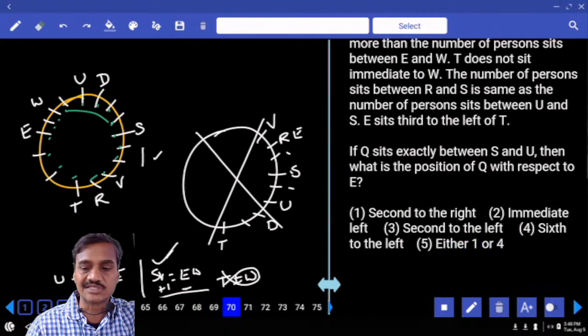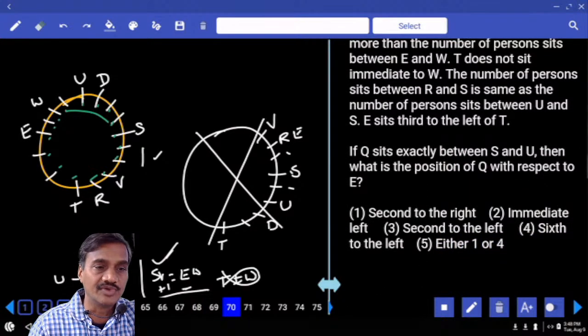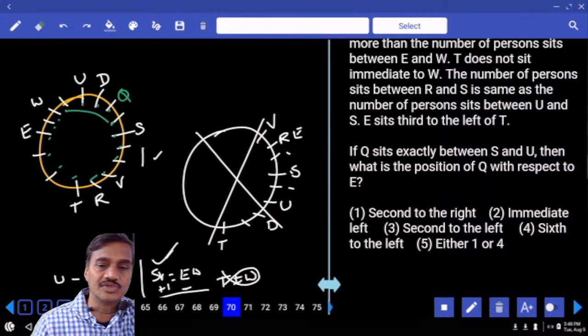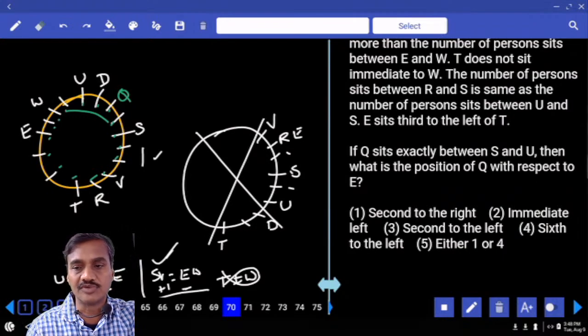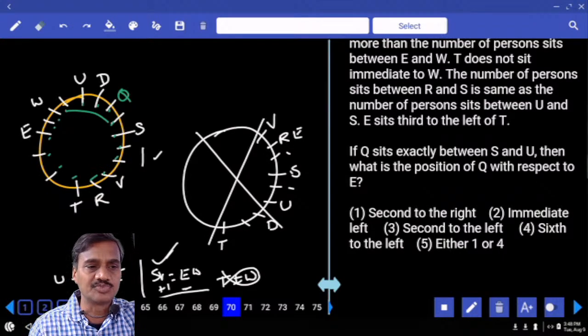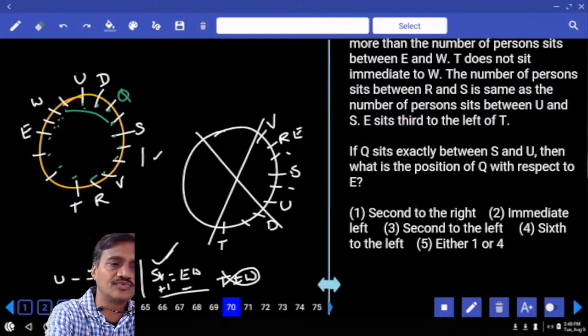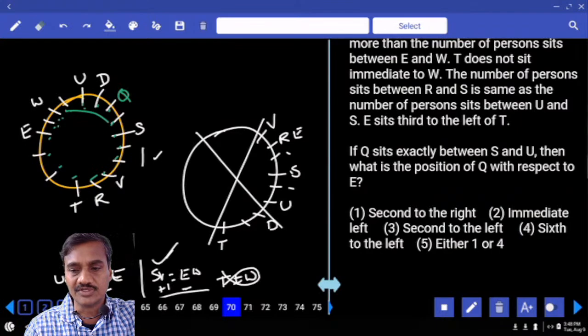And if Q sits exactly between S and U, where is this Q? As Q is exactly between S and U, Q is here. Then what is the position of Q with respect to E? Now in this case, 1, 2, 3, 4, 5, 6 to the left, isn't it?